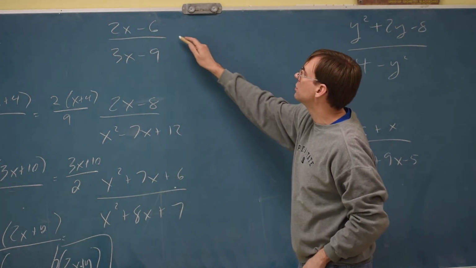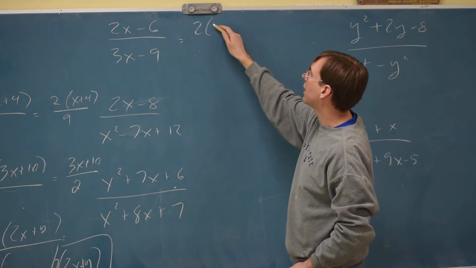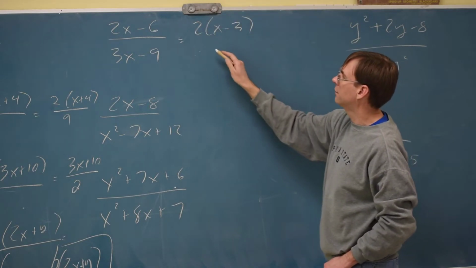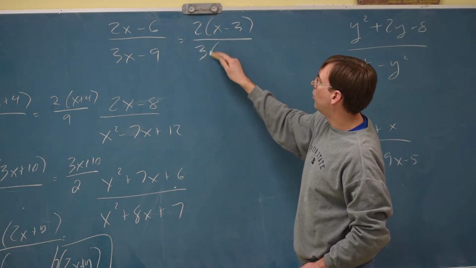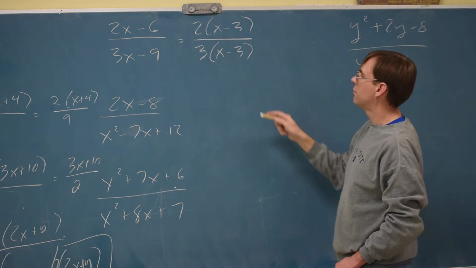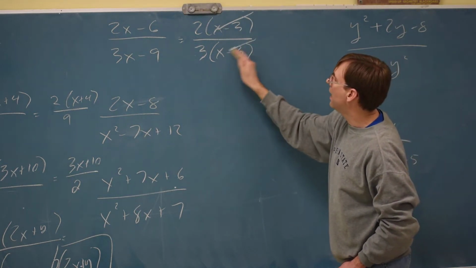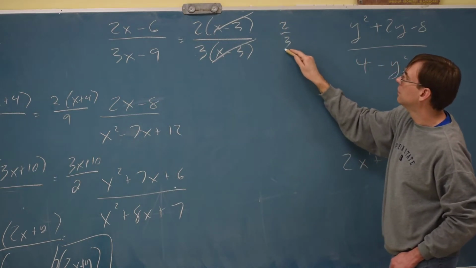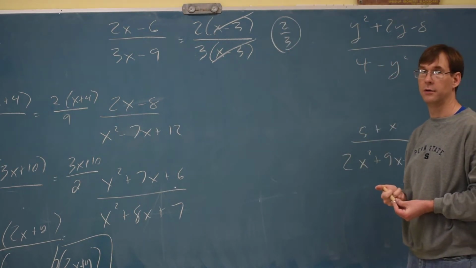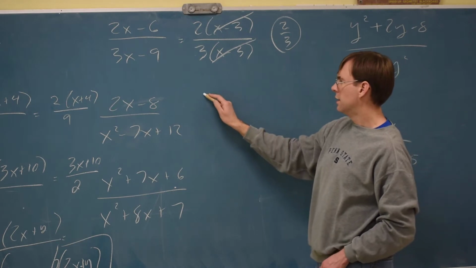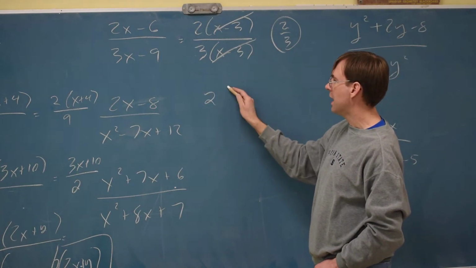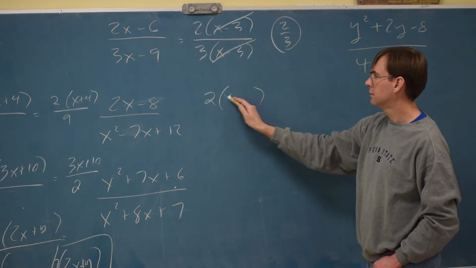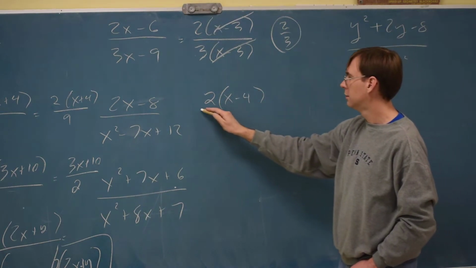so we've got to just do the basic strategy, which is factor the GCF of 2. On the bottom, factor a GCF of 3. Match, match, gone, gone. 2/3 is the winner. This one, top, factor again, GCF. 2 goes into everything, leaving x minus 4.